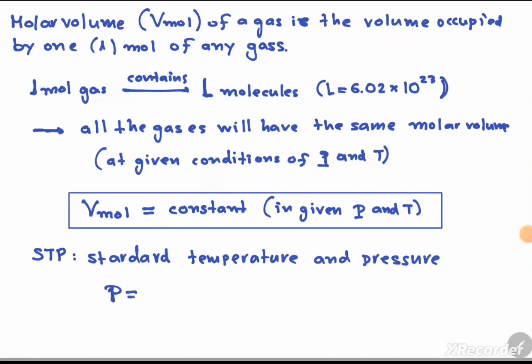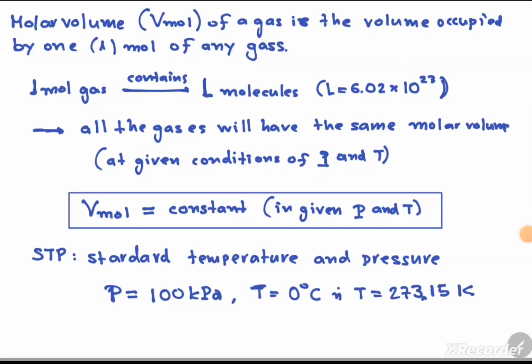Pressure is equal to 100 kilopascal and temperature is equal to 0 degrees Celsius, or 273.15 degrees Kelvin.